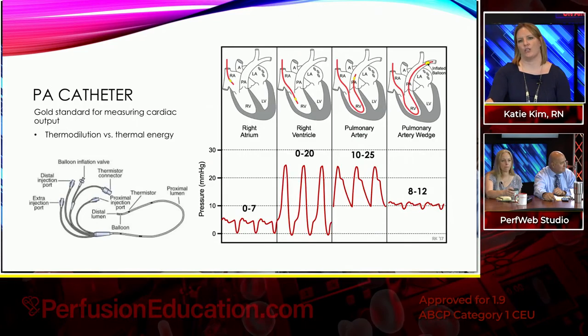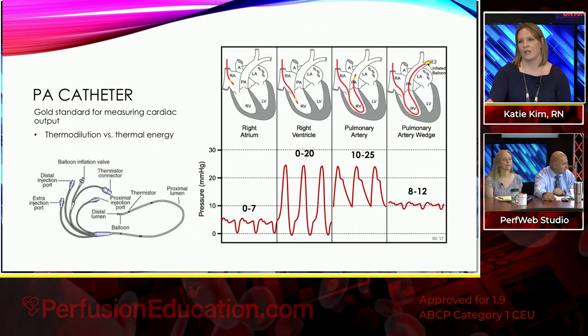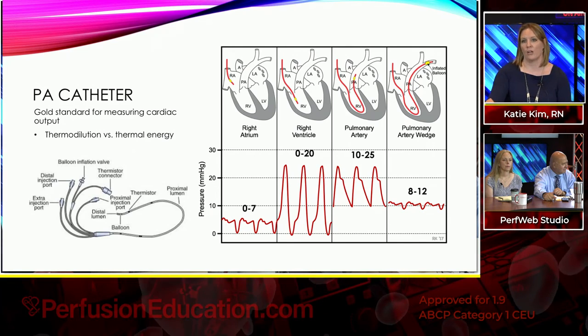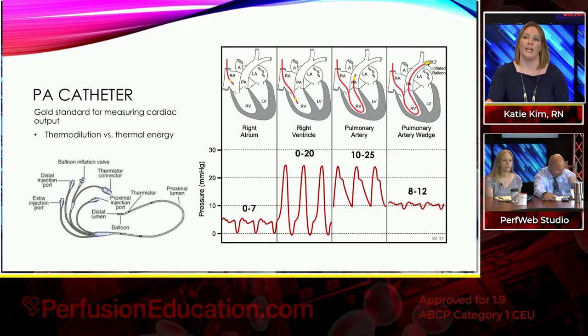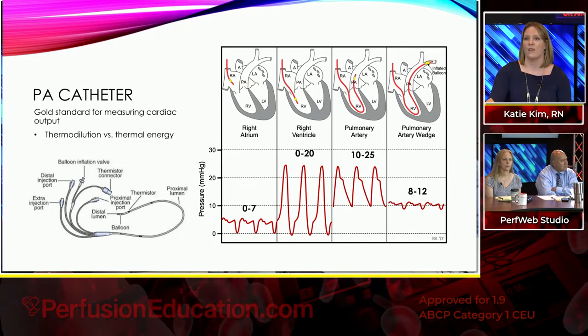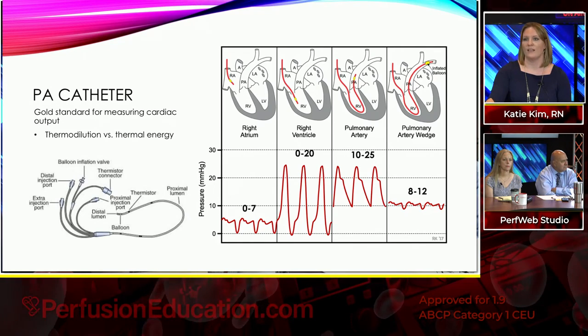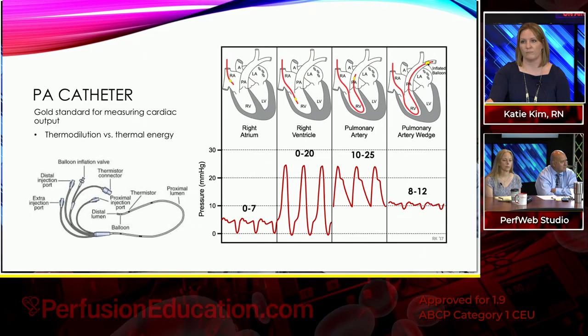And how do we measure this? The gold standard in most centers is going to be a pulmonary artery catheter. The way this is put into the heart is it is floated through your right atrium, through the right ventricle, and then sits in the opening of the pulmonary artery.